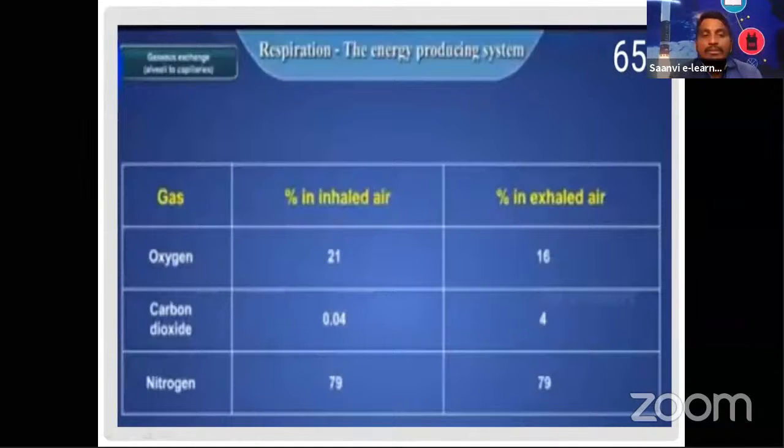And what about the percentage in exhaled air? What are the percentages of gases?